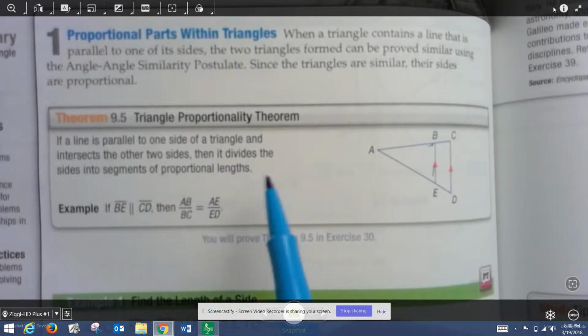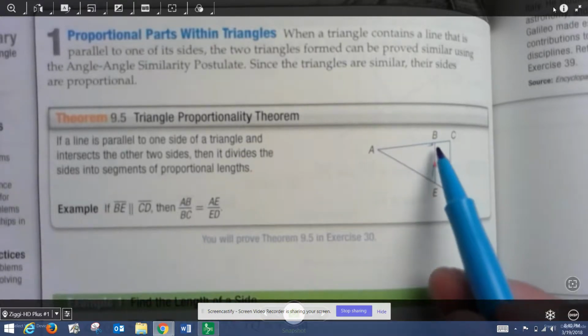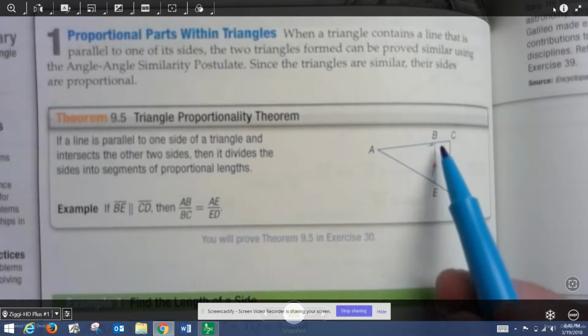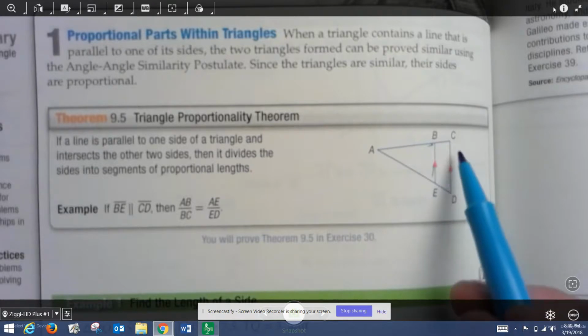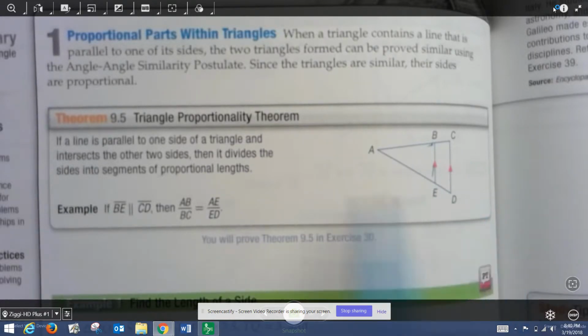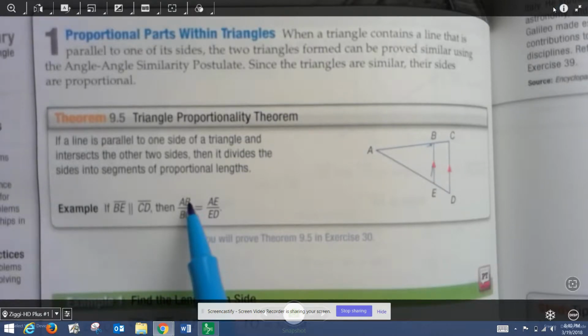So it's actually pretty simple. We can go by the example here. If BE is a line that touches the other sides and is parallel to one side of the triangle, which is CD, then let's take a look at AB over BC.